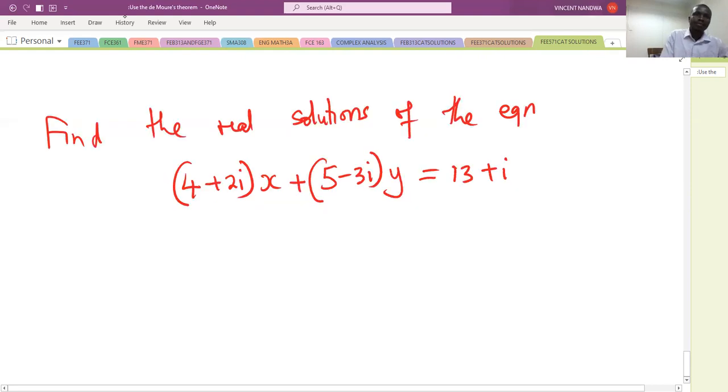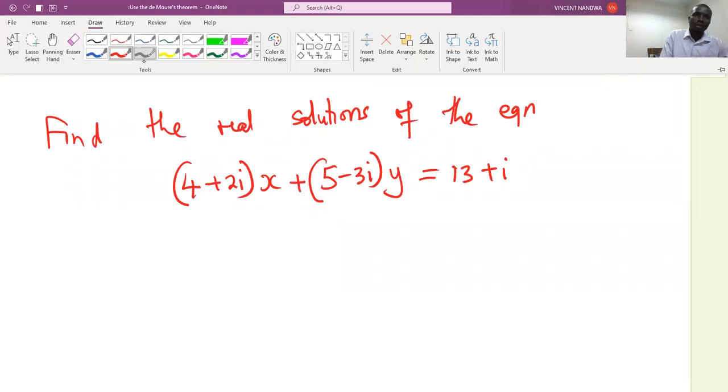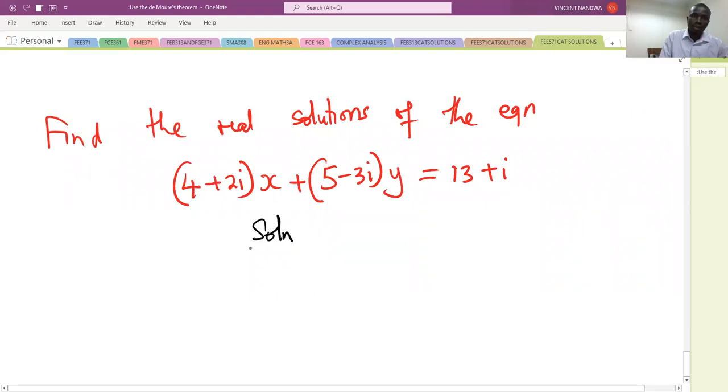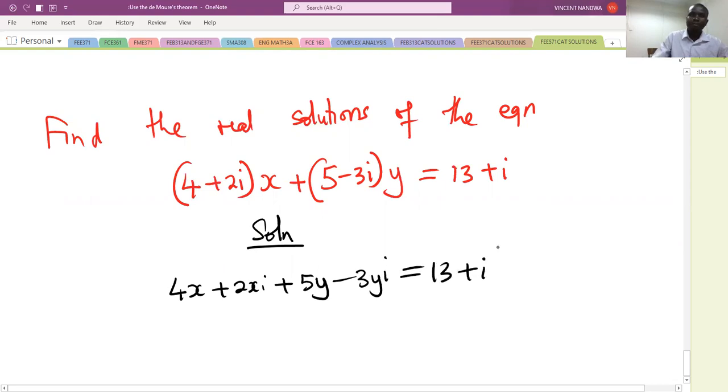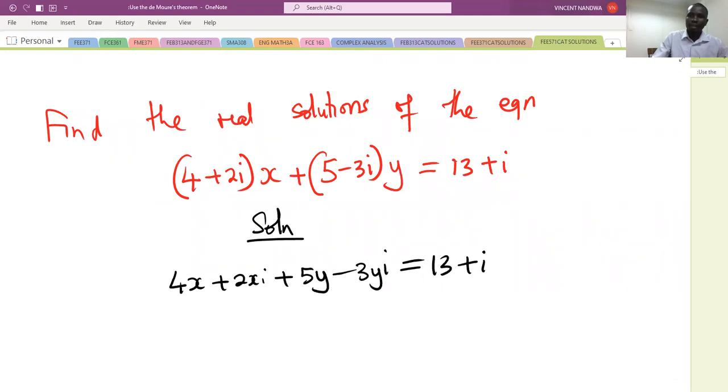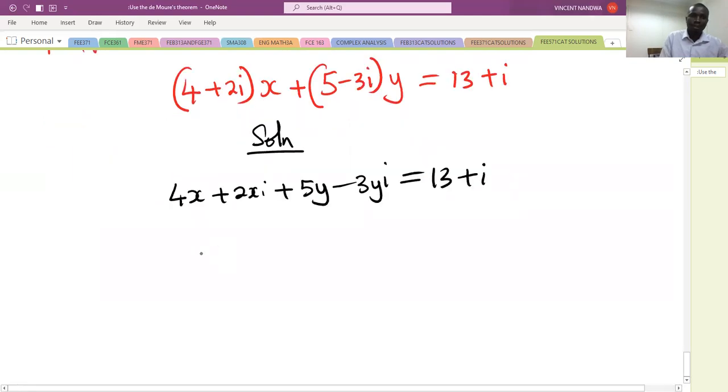So what you do, you open the brackets, so that you have 4x plus 2xi plus 5y minus 3yi equals 13 plus I. Then collect real parts on the left-hand side and imaginary parts.